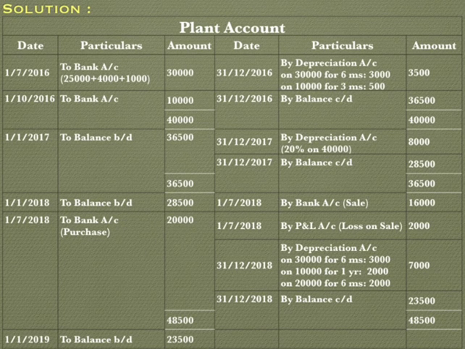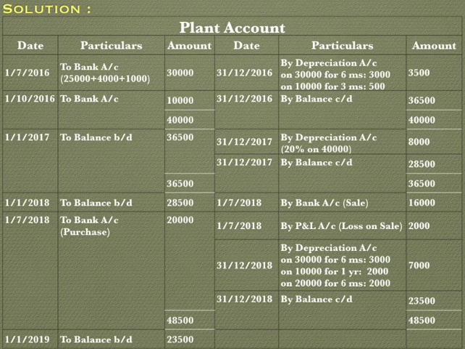Depreciation for our another machine of rupees 10,000 for the full year is rupees 2,000, and depreciation for the newly purchased machine for 6 months becomes 2,000 rupees. So in total our depreciation for the year 2018 becomes 7,000 rupees.